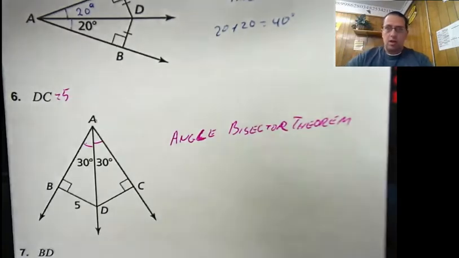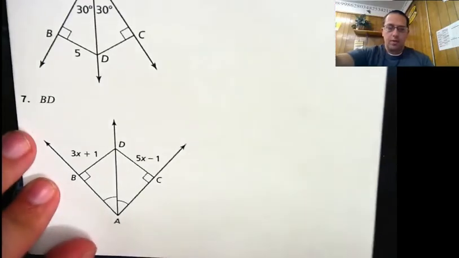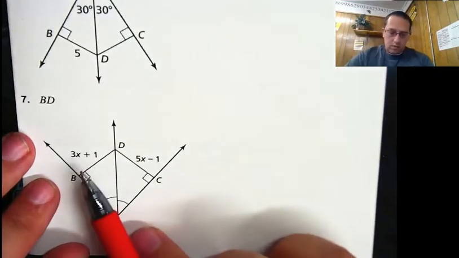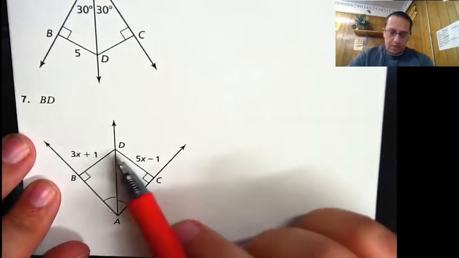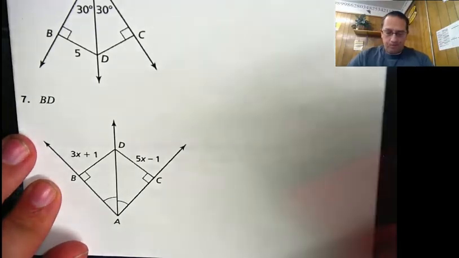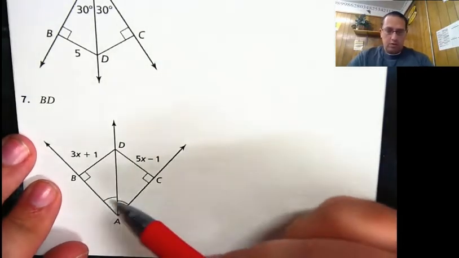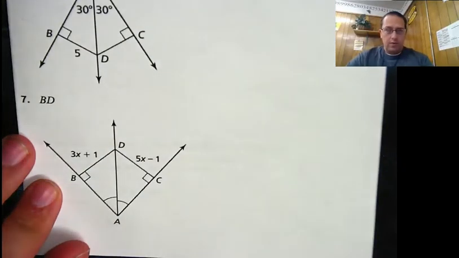Let's take a look at number 7. Last one. Okay, so we need to find the length of segment BD. So BD right there. What do we know? Well, we have congruent angles here, which again means that ray AD is the angle bisector.